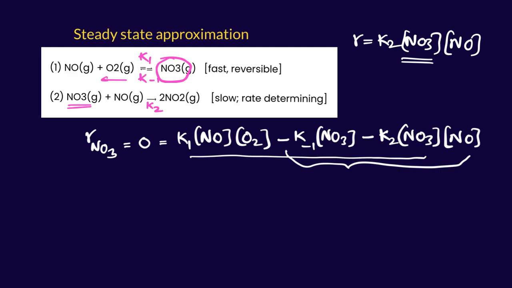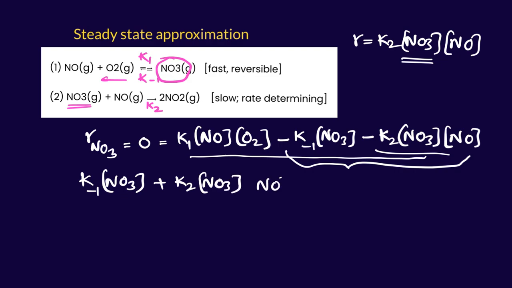Therefore, the minus term becomes plus: plus K minus 1 NO3 concentration, and this other term also goes to the left side as plus K2 NO3 concentration NO concentration, equal to this one term, K1 NO concentration O2 concentration.